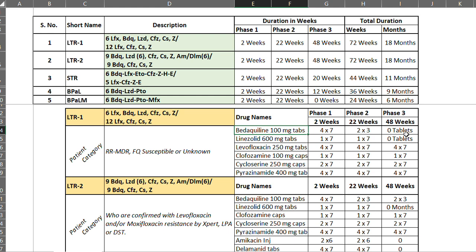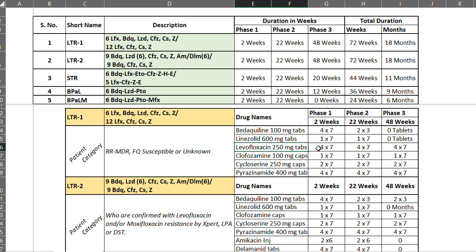During phase 3, there will be no use of bedaquiline at all. Similarly, linezolid will be 1 tablet daily, 7 days a week, during the first 2 weeks and after that as well. During phase 3, there will be no use of linezolid, same as bedaquiline.